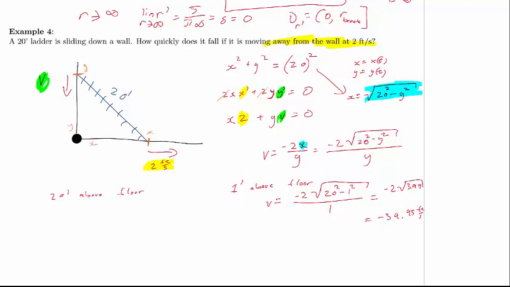Experientially, we should be able to intuit this. So let's plug this into what we have here. When y equals 20 feet, you plug that in, we get negative 2 times the square root of 20 squared minus 20 squared, all divided by 20. Well, 20 squared minus 20 squared is 0, and so 0, as we would expect.